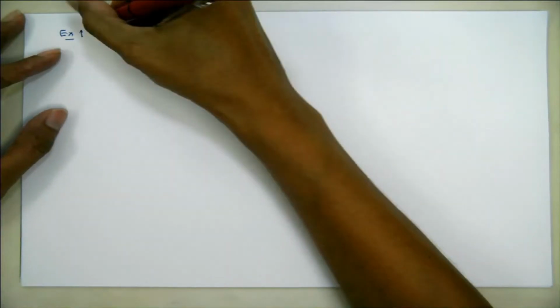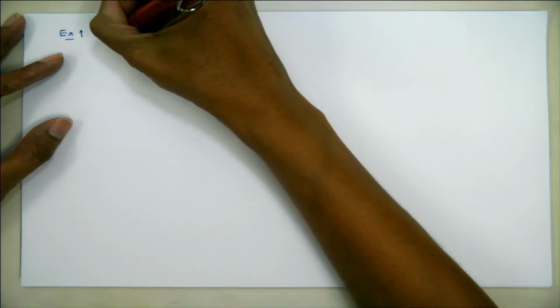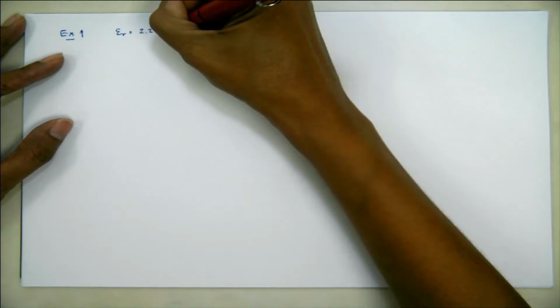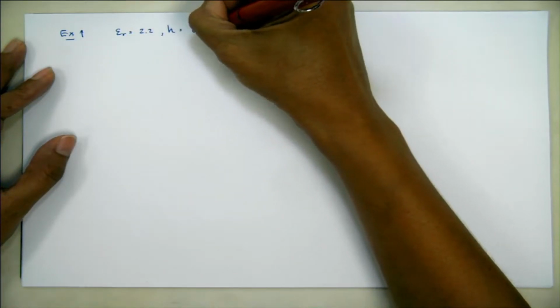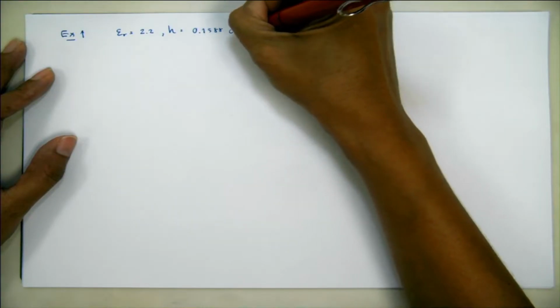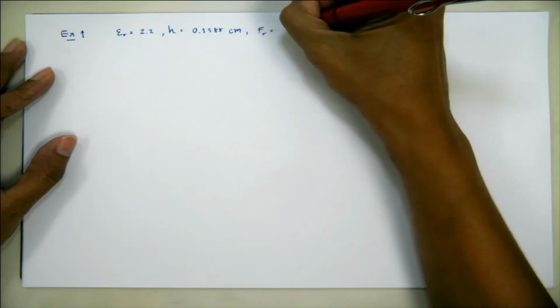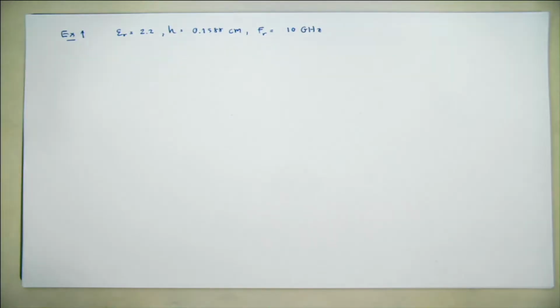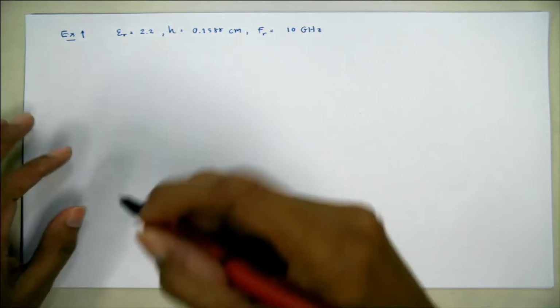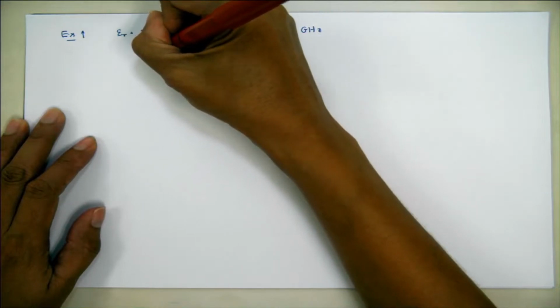We will assume that this antenna is a good radiator. So first we can find W.